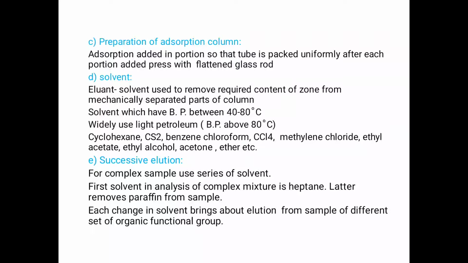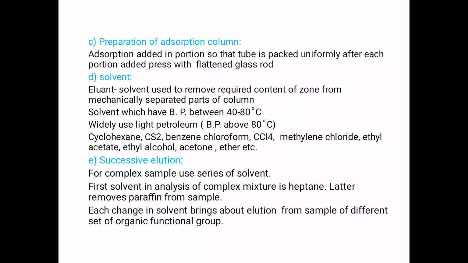Then the solvent used for the technique is the eluent. The solvent used to remove the required content of the zone from the mechanically separated parts of the column is called the eluent.